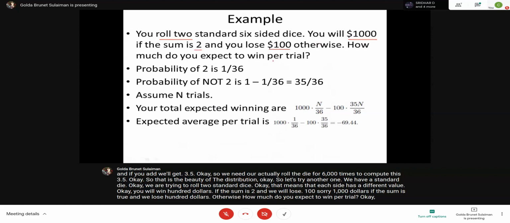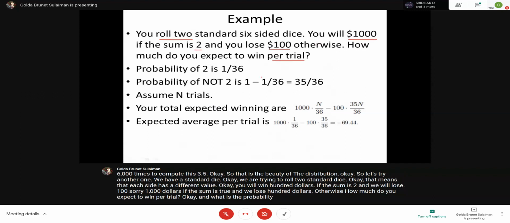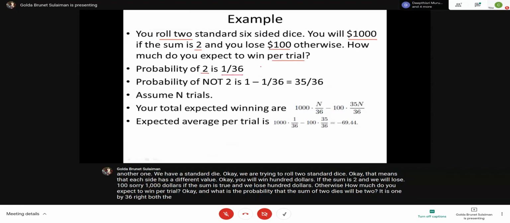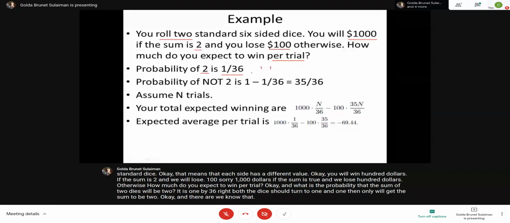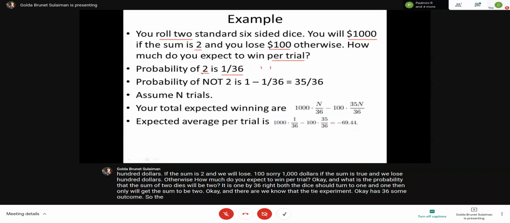What is the probability that the sum of two dice will be 2? It is 1 by 36. Both dice should turn up 1 and 1, and only then will we get the sum 2. The toy experiment has 36 outcomes, so the probability that the sum is 2 is 1 by 36.